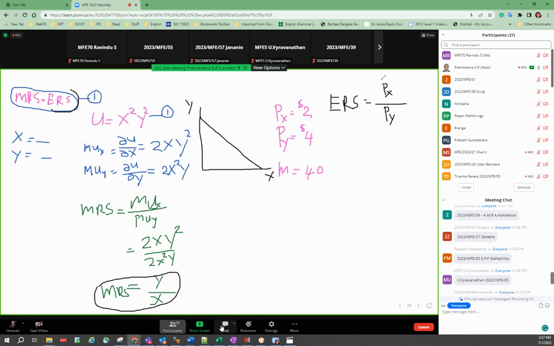We know PX is 2, PY is 4, then 2 divided by 4 is the PRS.